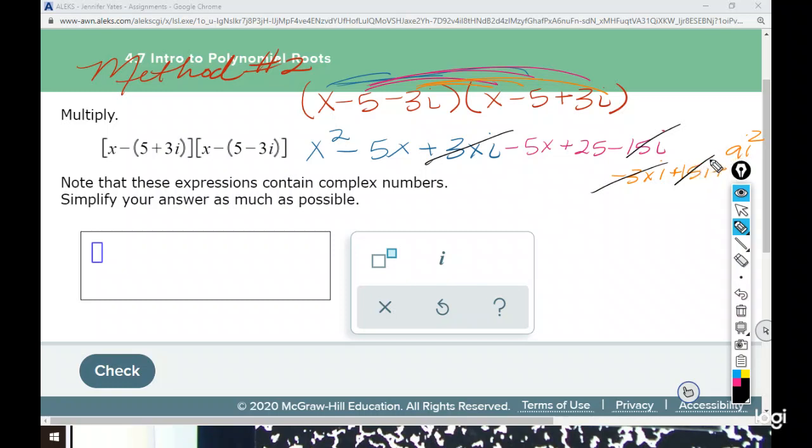All right. i squared is, oh, and that would have been a negative, by the way. You guys tell this is not my preferred method of choice. I messed up signs. All right, so that's a negative 9 times i squared, which would give me a positive 9 right there. There's x squared minus 10x plus 34. Is that what we got a second ago?